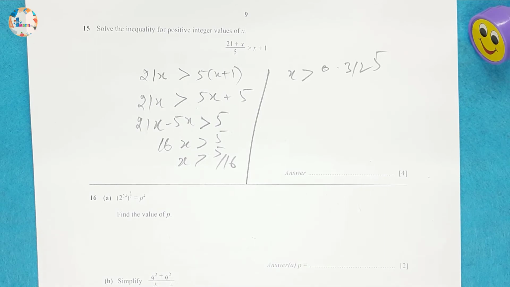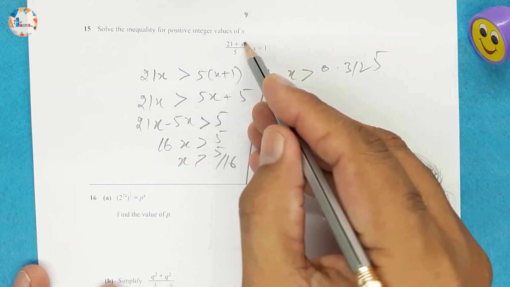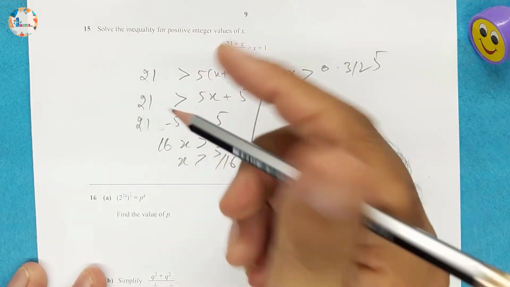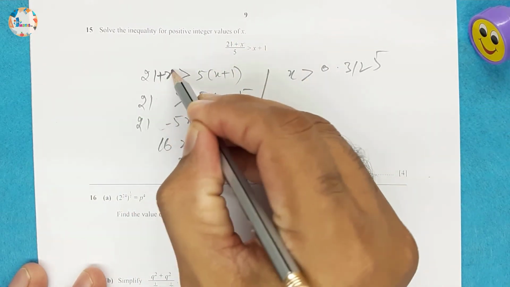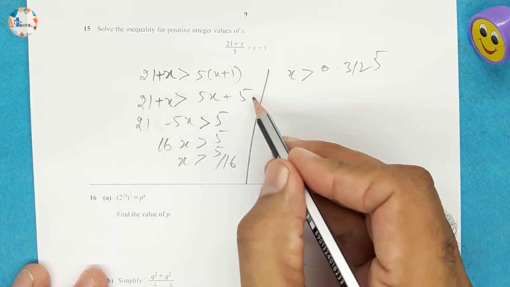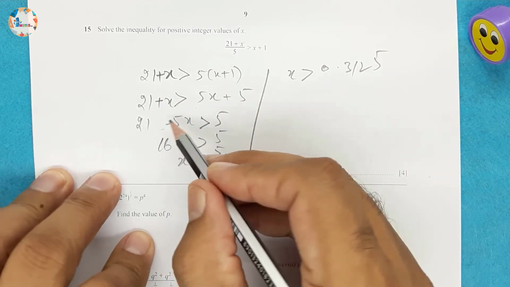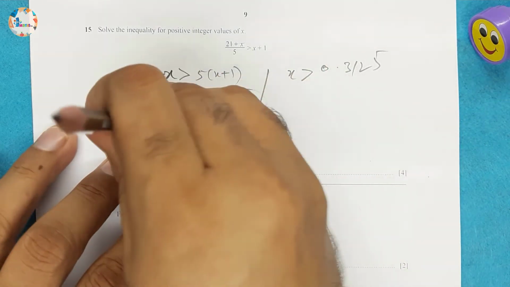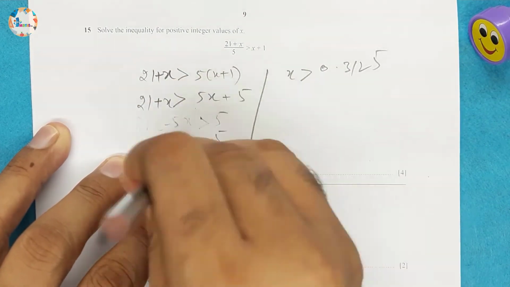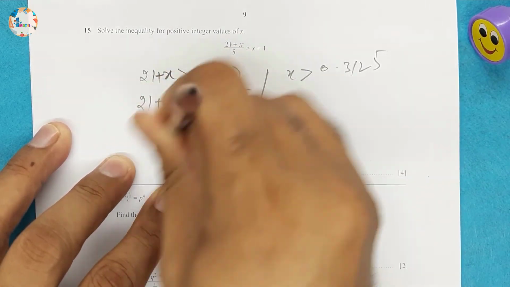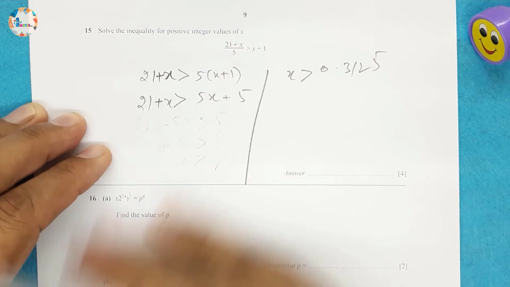Basically we made a mistake. This is 21 plus x, and we had written only 21x. So this will be 21 plus x, which is correct. Now we'll have to rectify this from here onward. So we can simplify.